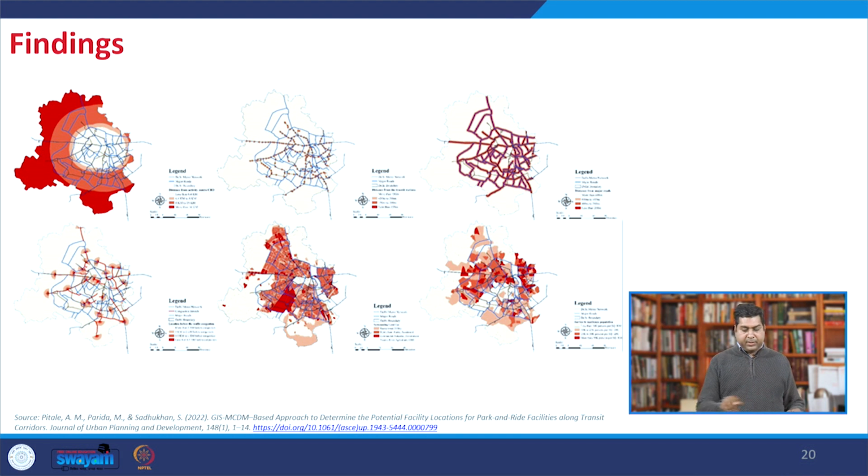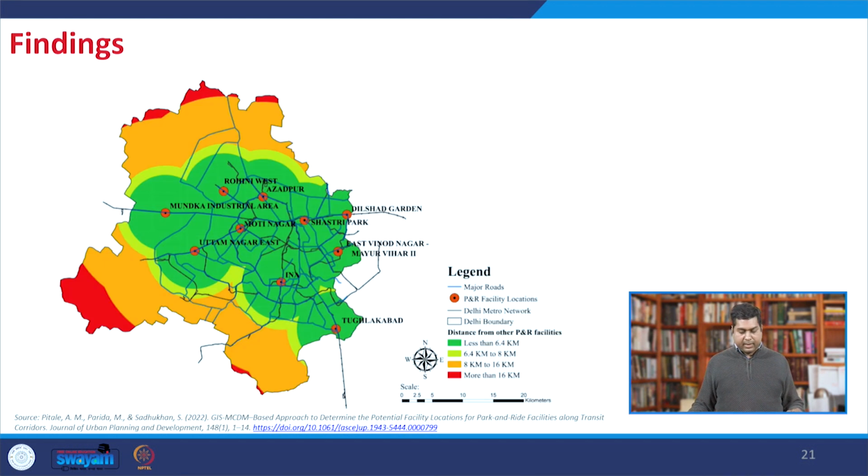So these are the different thematic maps created for this analysis, and they are also combined with the weights, so weighted scores were made in those maps.